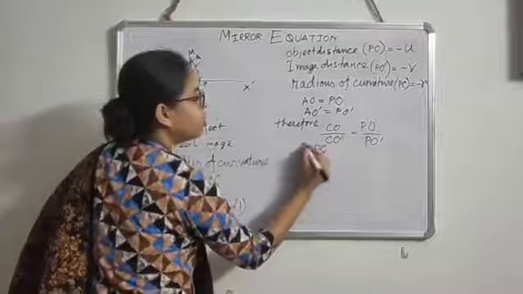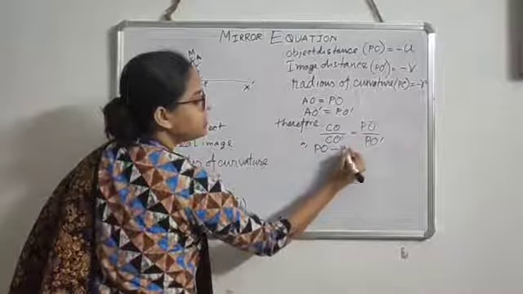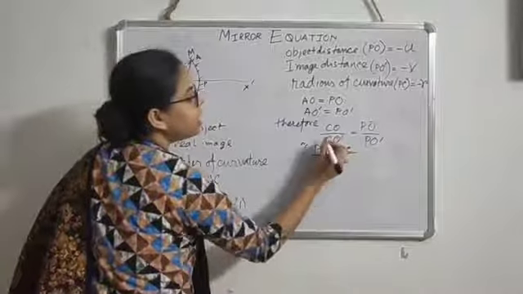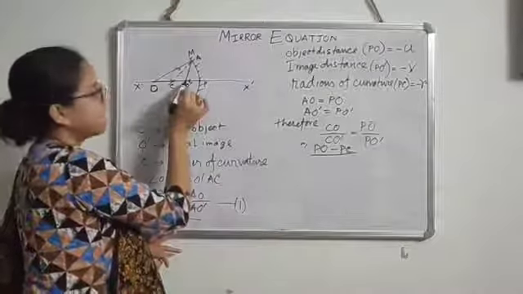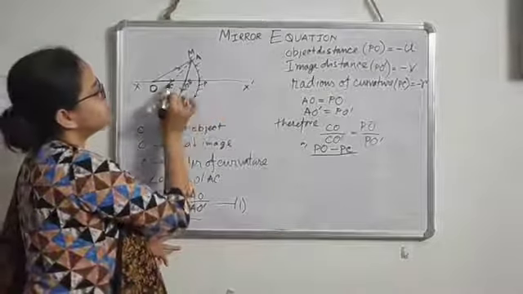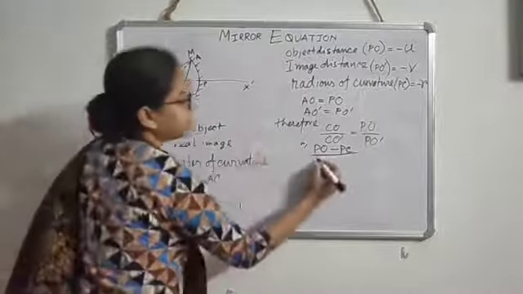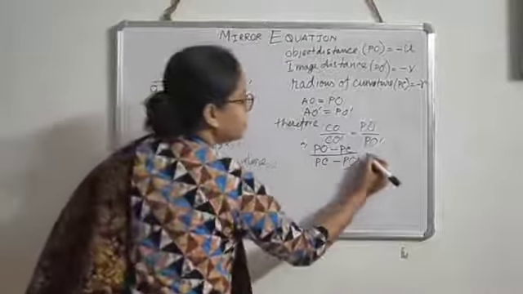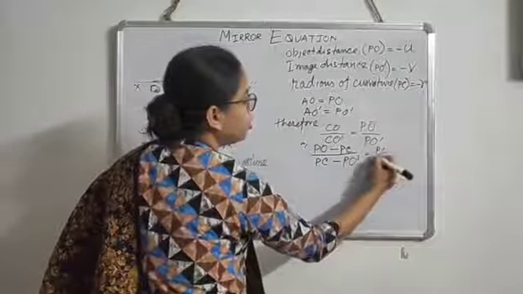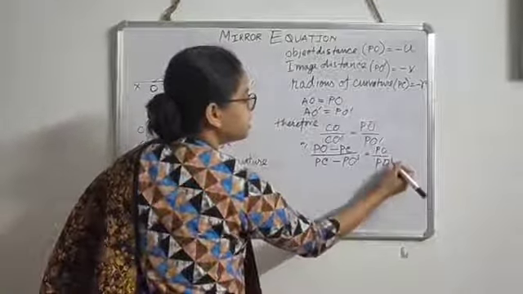Okay, PO minus PC divided by CO dashed, which can be written as PC minus PO dashed. PC minus PO dashed equals to PO by PO dashed.